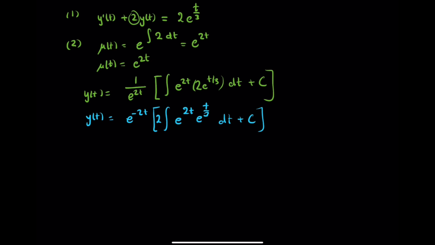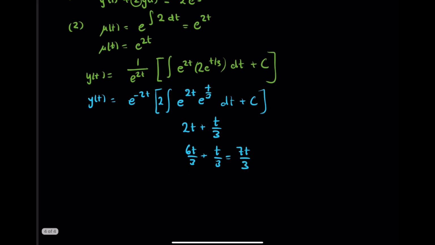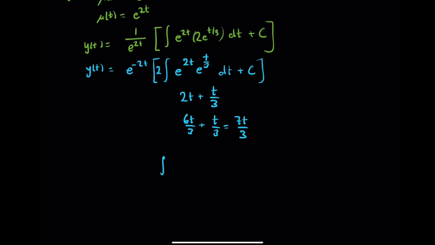Both of the bases are e, so you can just add the exponents: 2t, right? So then that is 6t over 3 plus t over 3, which is 7t over 3. If I try to solve the integral of 7 over 3t dt, that will yield, or I should be more clear, this just came down.